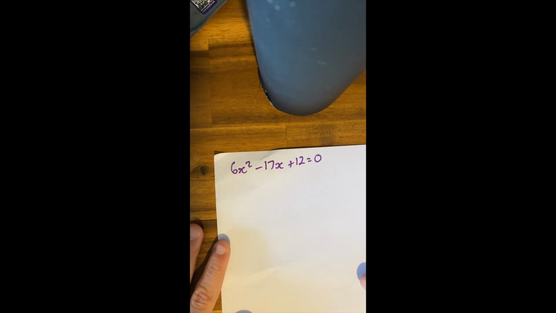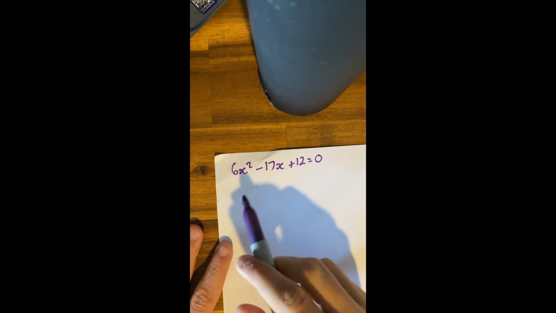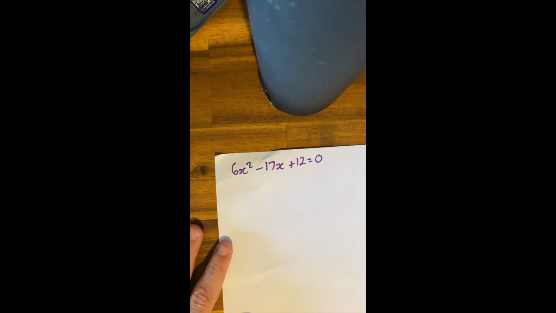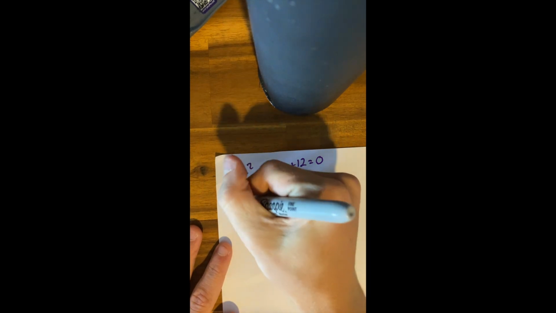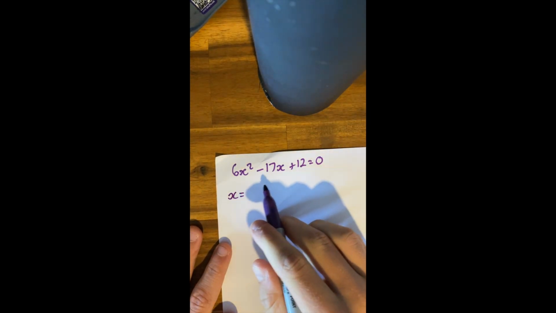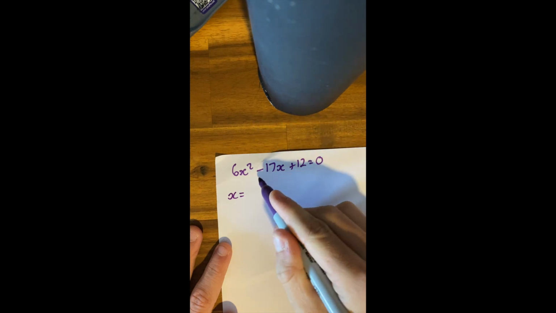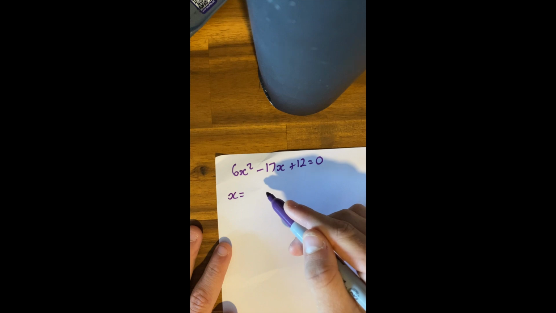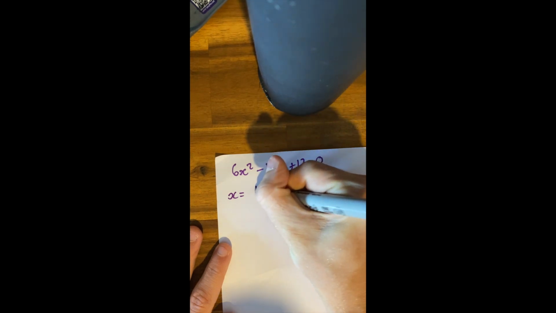Okay, so now we have a harder example, but it's the same method. We'll simply sub in these coefficient values and the constant term into the quadratic formula. So let's go ahead and do that. So x, and remember minus b. b in this case is negative 17. So if it's minus b, that means it becomes 17.